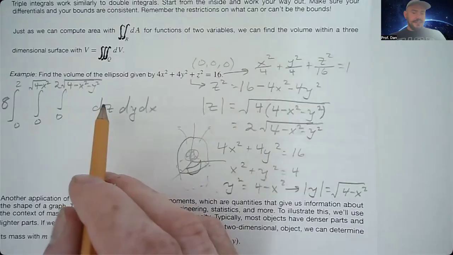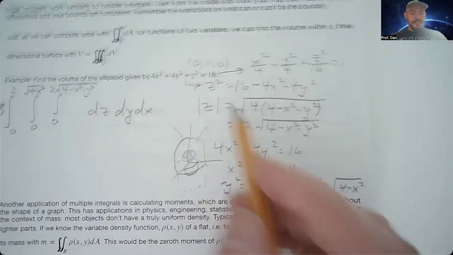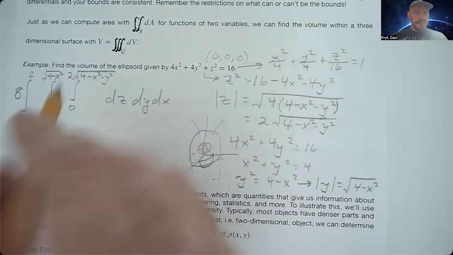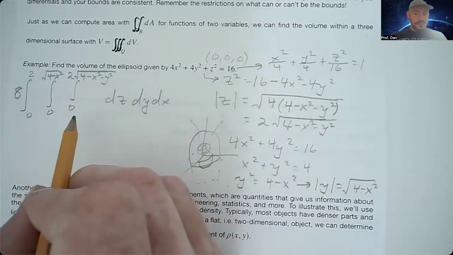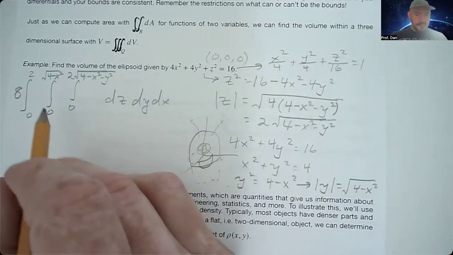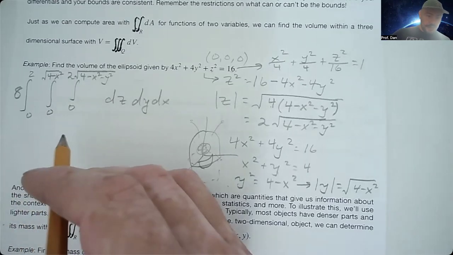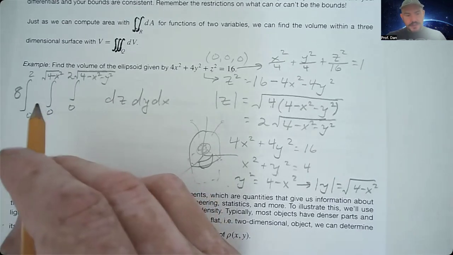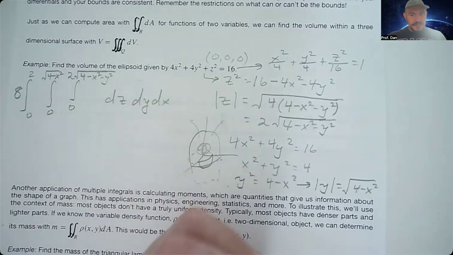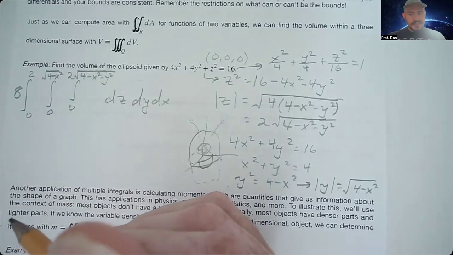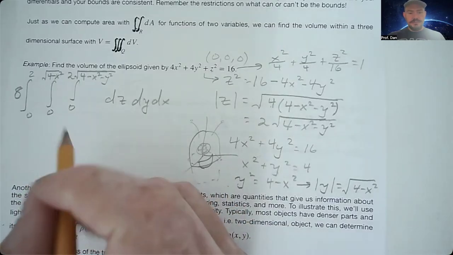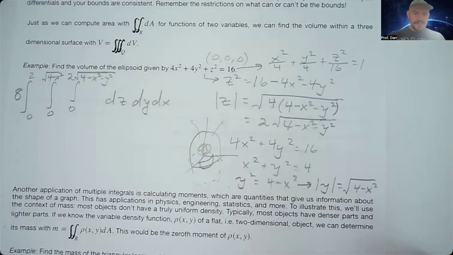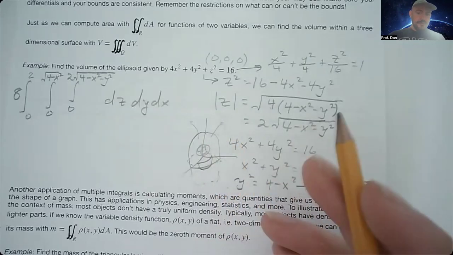If you were to write this out and you didn't just say absolute value, you wrote plus or minus, you could have negative square root of 4 minus x squared as the lower limit, and negative 2 for x. You would end up with the same answer, but the amount of things that you'll have to type into your calculator will be a lot higher than someone who takes the shortcut because they recognized the symmetry of Plankton.